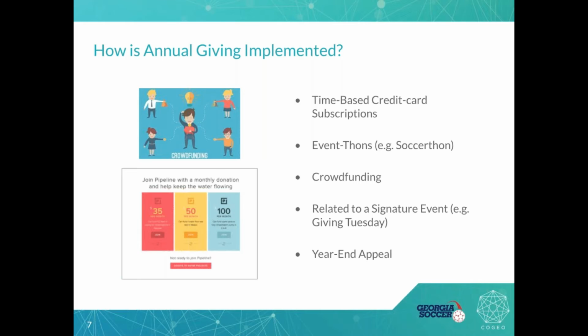We prefer the soccer-thon as a crowdfunding tool, and that's probably preferable. We'll talk a little bit about the case study later in the presentation. Or you could do it as related to a signature event, much like Giving Tuesday, which many agencies are using as their late year appeal. And then, as I mentioned, at a minimum, you should have a year-end appeal. It's a 501c3.